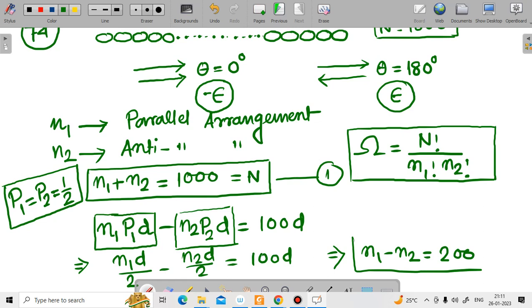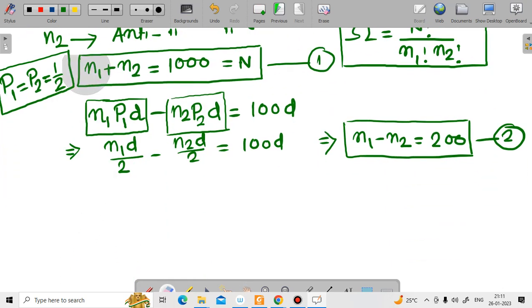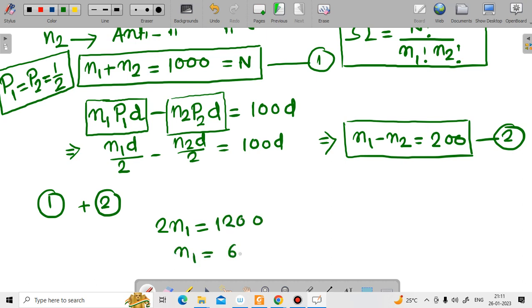So this is my equation number 2. Combining 1 and 2, if we simply add them up, 2n1 will be 1200 and n1 is equal to 600, and from here n2 is 400.